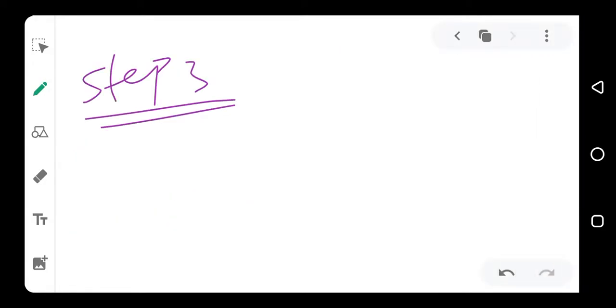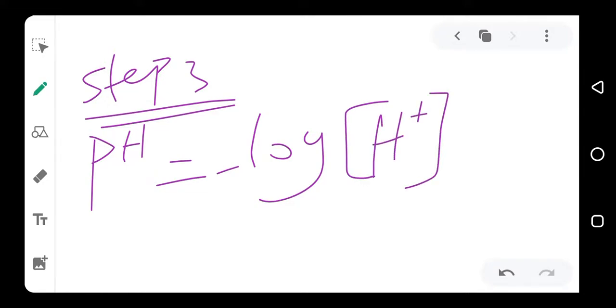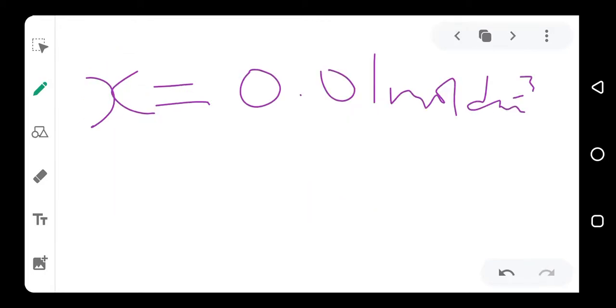So we use pH equals minus logarithm of hydrogen ion concentration. Now the hydrogen ion concentration we are going to use is the one we calculated, not the one in the ionization equation, but the one we calculated. The one we calculated is this one. This is the hydrogen ion calculated.